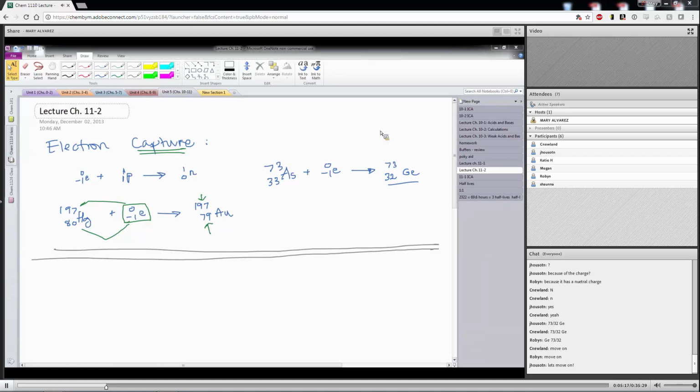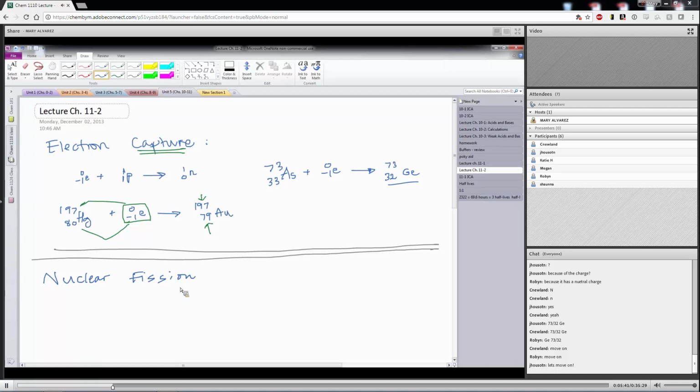All right. Next, we have nuclear fission, or just fission for short. Fission occurs when a nucleus falls apart. It's just too big for its own good, and converting protons to neutrons and neutrons to protons is not going to help.